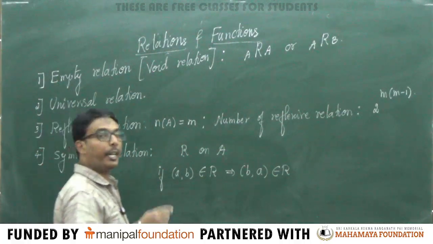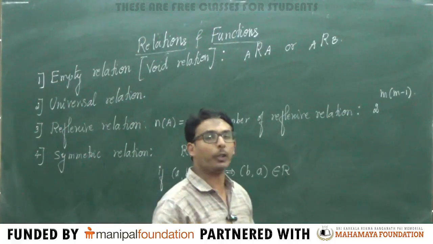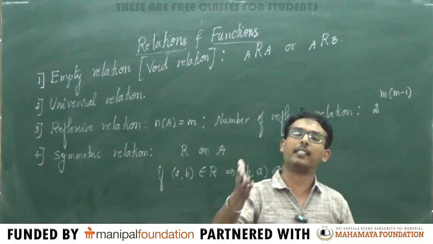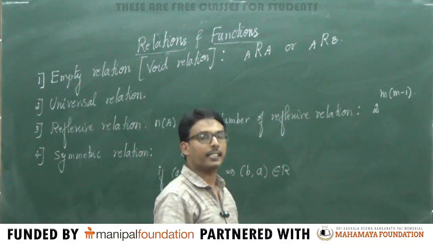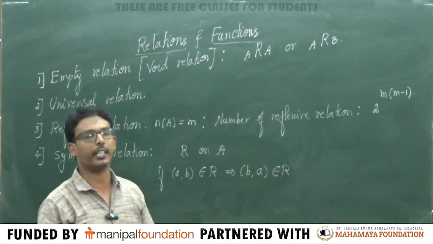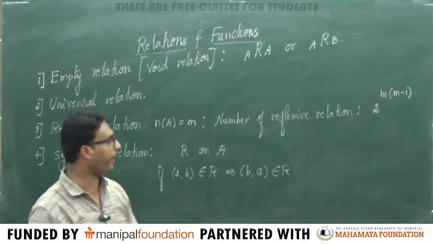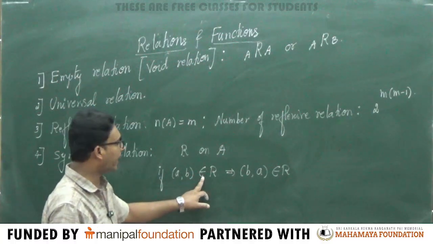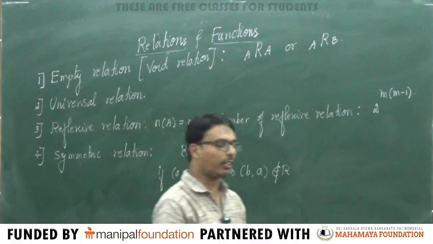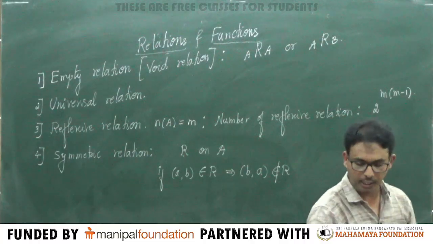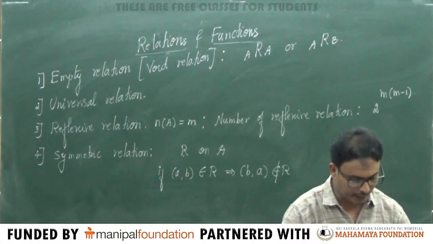Means if a is already related to b, then b is also related to a, then we can say that the relation is symmetric, otherwise the relation is not symmetric. If (a, b) is present in R but (b, a) is not present in R, then we will say that the relation R is not a symmetric relation.